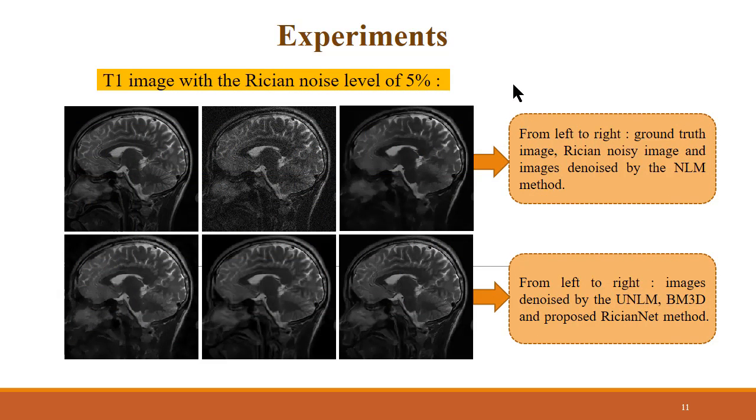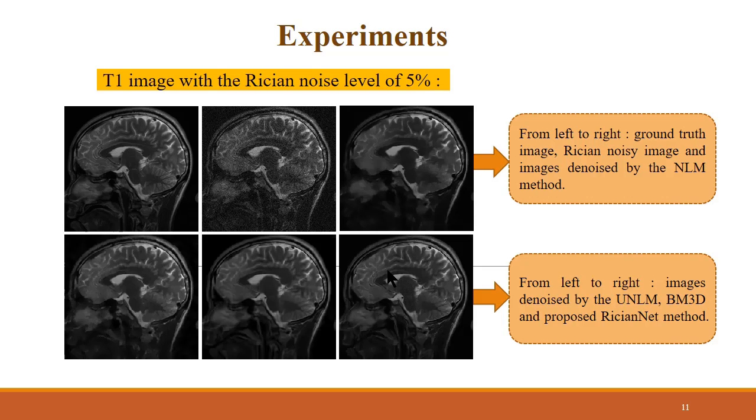Here we show one example of a T1 weighted image with a Rayleigh noise level of 5%. From left to right, it's the ground truth, the noisy image, and the image denoised by non-local means. In the bottom row from the left, this is the image denoised by unbiased non-local means, BM3D, and the proposed method.